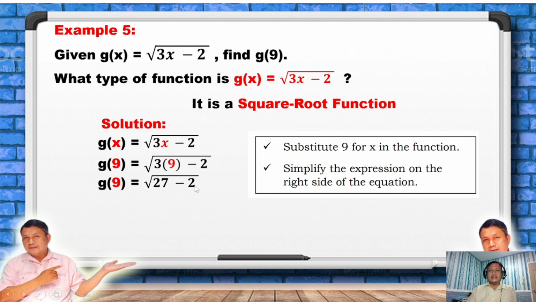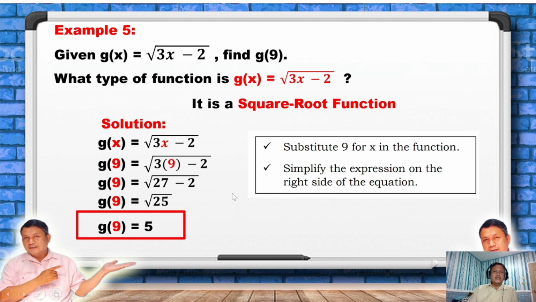Isisimplify pa rin po natin itong nasa loob. And that is 27 minus 2 is 25. Therefore, g of 9 is equal to the square root of 25. Since ito po ay naka-square root and 25 is one of the perfect squares, kaya ang square root of 25 is what? Okay, so 5. And this is the result.